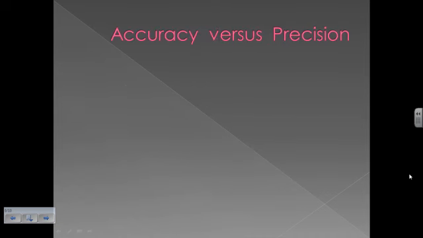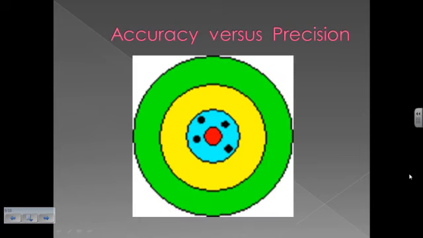Accuracy and precision is also something that we need to take into account in physics. For instance, if our values are not very close to each other, we've made 4 hits on the target, they're not very close to each other, they are neither accurate nor precise.